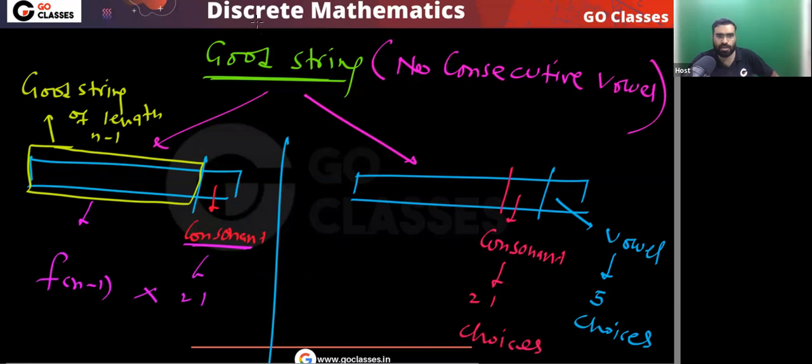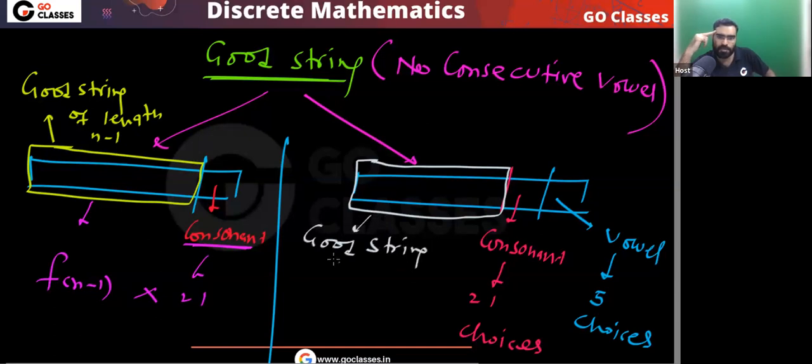Now this part must be what? This must be a good string of length n minus 2, that is f of n minus 2.